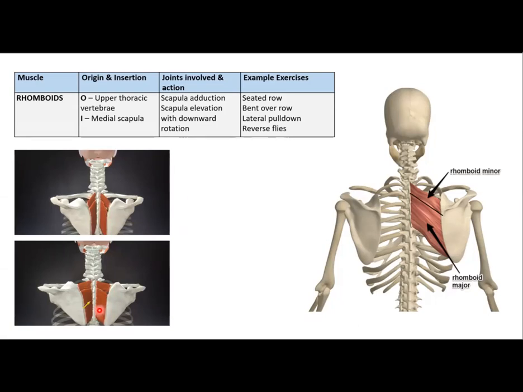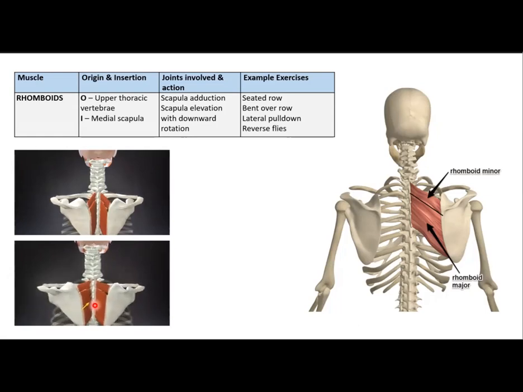Does it make sense? So I'll show you again. Wait just a second. Again. So this is basically your scapular adduction, because your muscle contracts, pulling the bone of the scapula together. Then this one, the muscle contracts, pulling the scapula upwards.